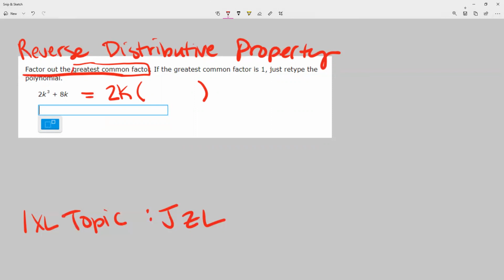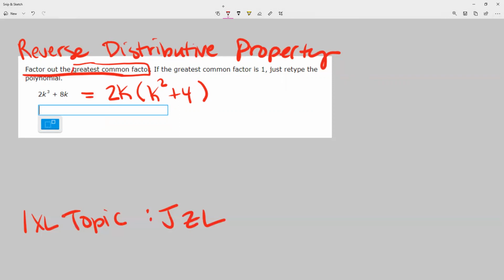So if I take 2K out of 2K to the third, so I had a 2, a K, and then 2 more Ks, right? So I took a 2K out, which left behind K squared. And then if I divide a 2K out here, I get 8 divided by 2, which is a positive 4. And I took the K out to the front.